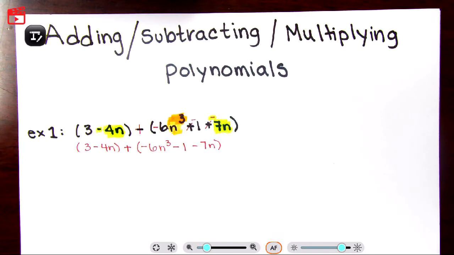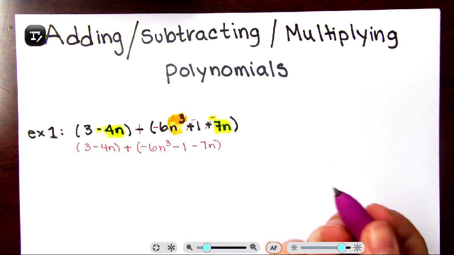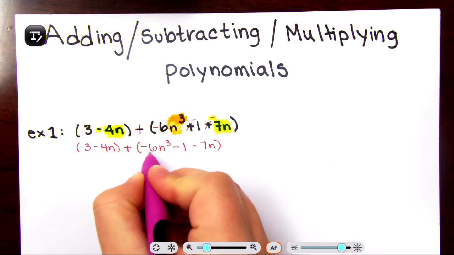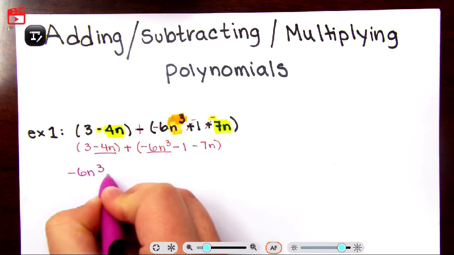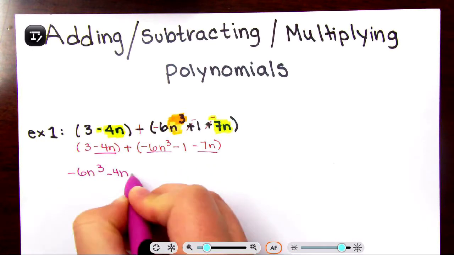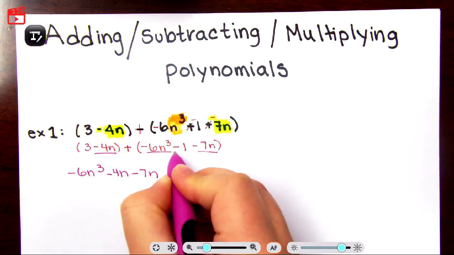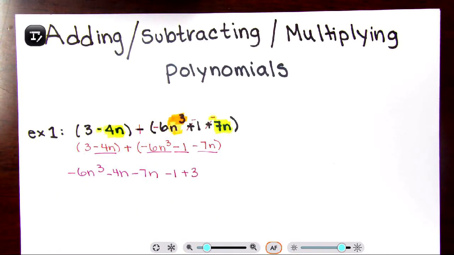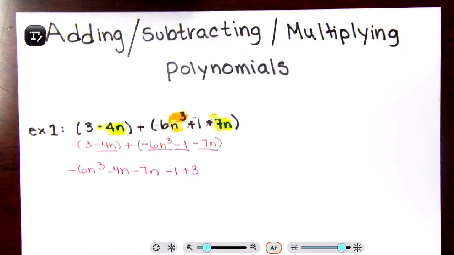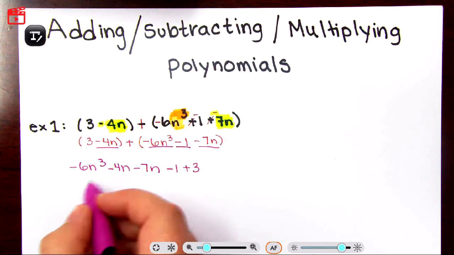Let's write this out. Sometimes what helps is writing them together. For example, I have negative 6n cubed. I have negative 4n and I have minus 7n. And then I have minus 1 and I have positive 3. And that helps when you rewrite it in terms of addition. All right, now combine like terms.